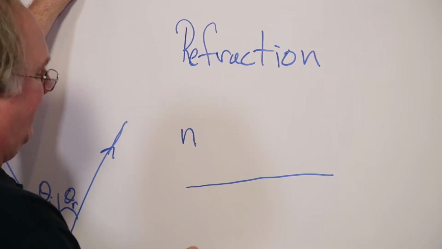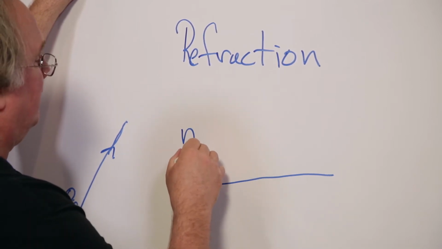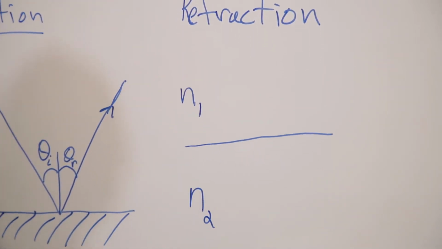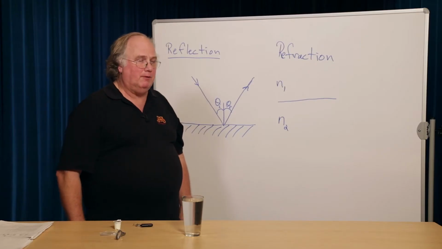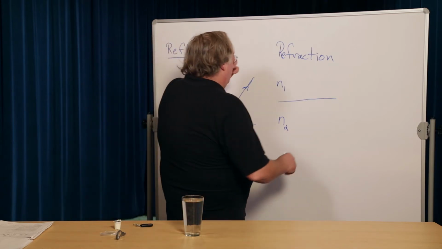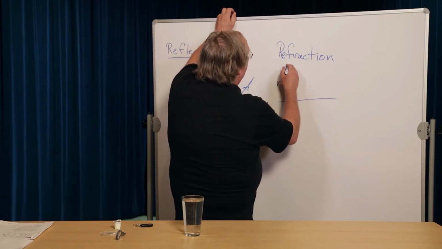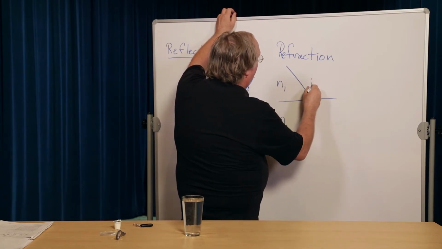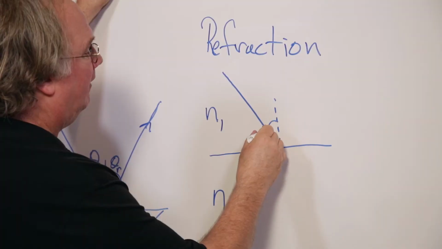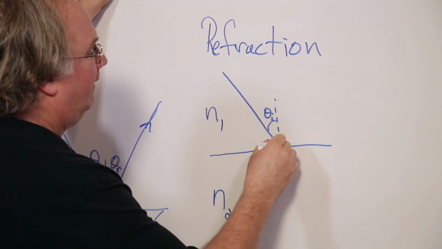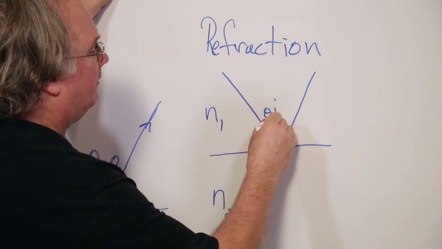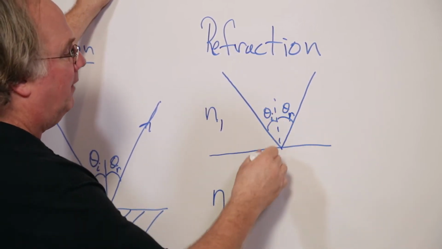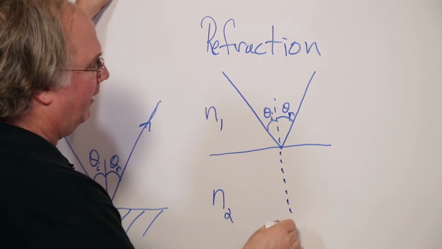It's generally known as N. I'm just going to call this N1 on top and N2 on the bottom. Different materials have different coefficients. If you have a light ray coming in and hitting here, you still get a reflected ray, which works the same way as before, but you also get a refracted ray.